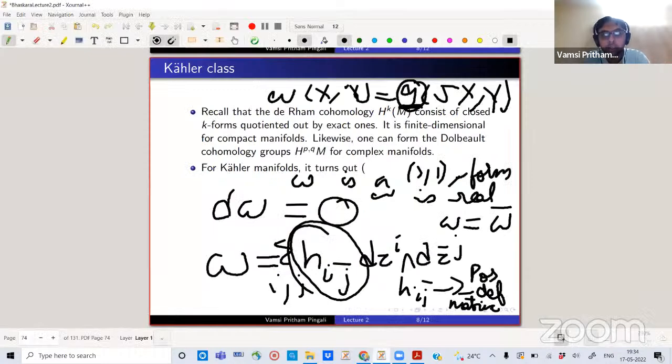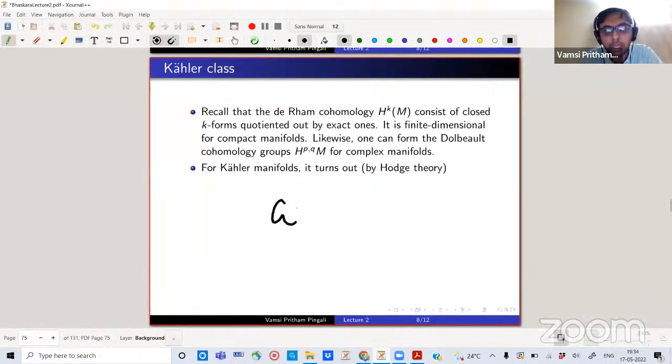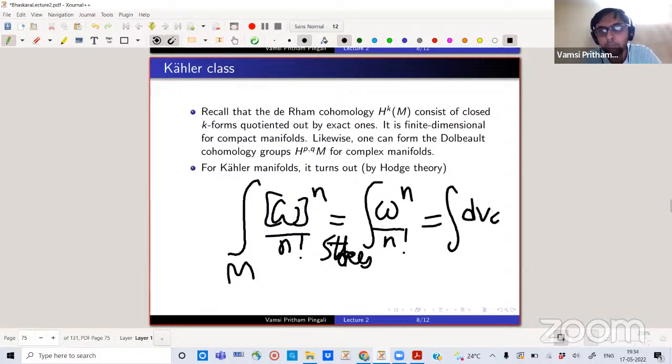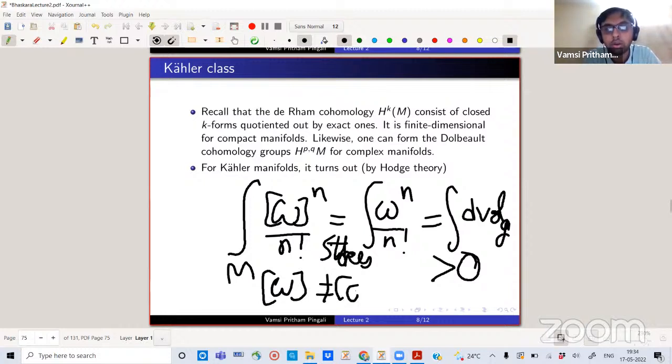The reason is, if you take omega raised to n divided by n factorial and integrate it over M, if you choose any representative, you get the same answer thanks to Stokes's theorem. And the point is, this is the integral of the volume form of the corresponding Riemannian metric, which is always strictly positive. So in other words, omega is never equal to 0 for a Kähler manifold.